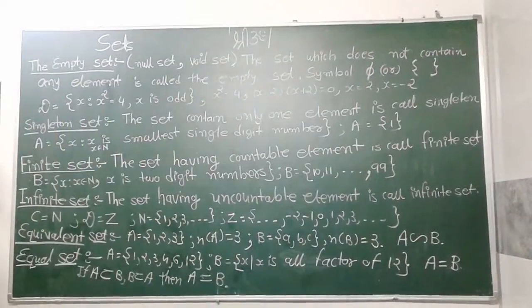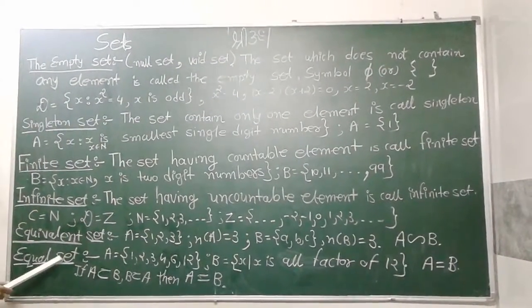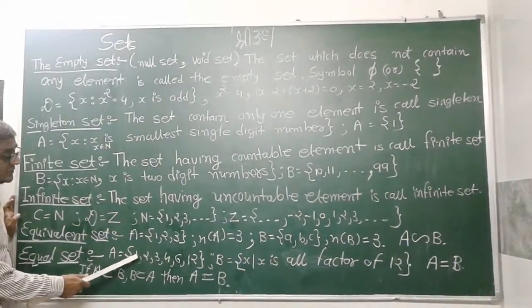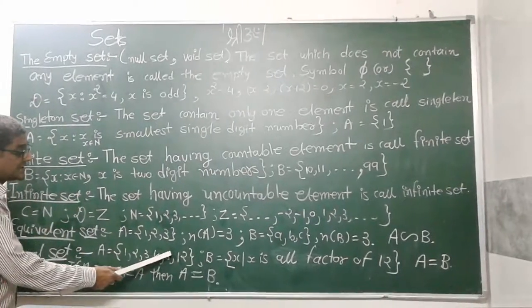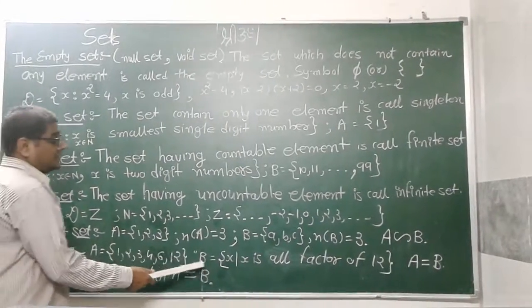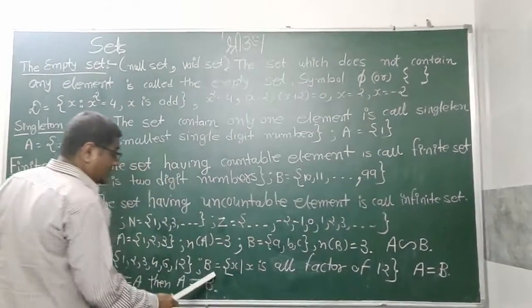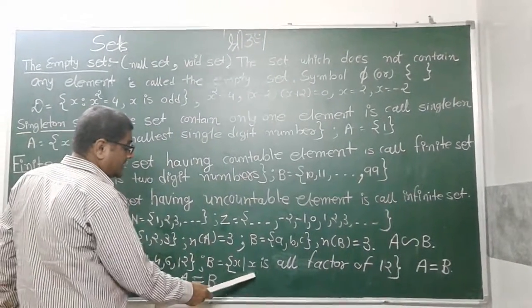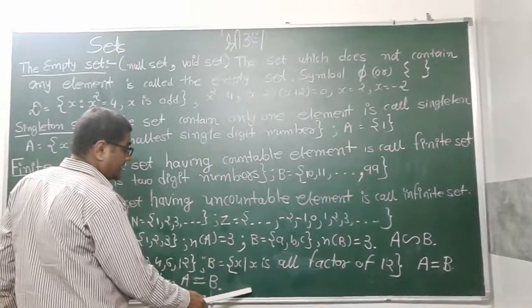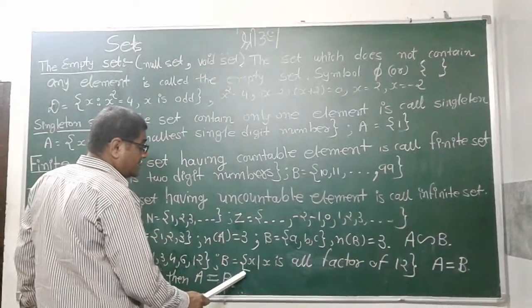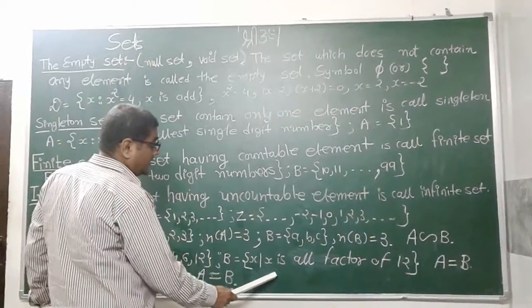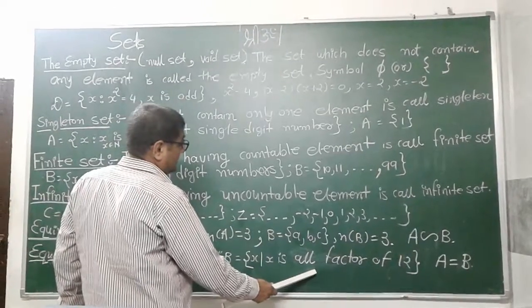Now, equal sets. A is equal to {1, 2, 3, 4, 6, 12}. B is equal to {x such that x is a factor of 12}. So 1 times 12 is 12, 2 times 6 is 12, 3 times 4 is 12. So the elements in set B are 1, 2, 3, 4, 6, 12.